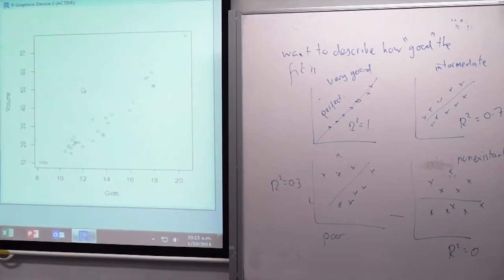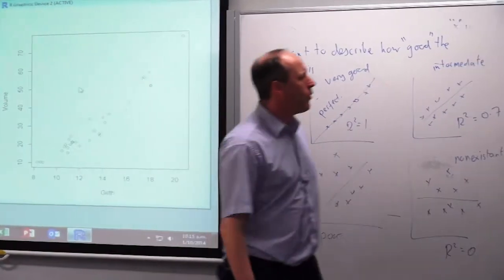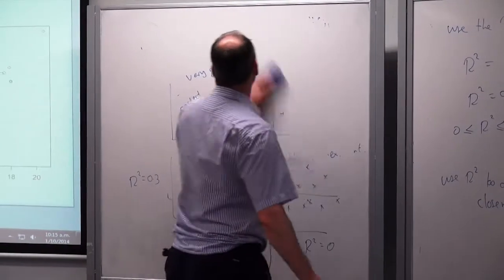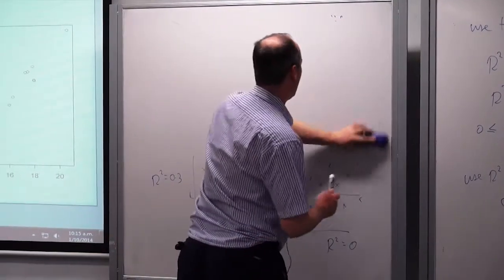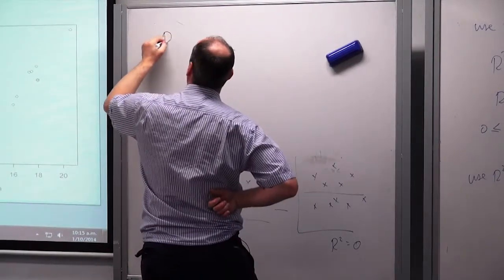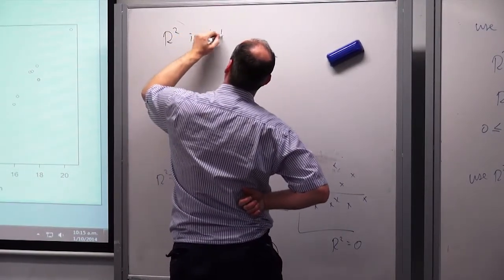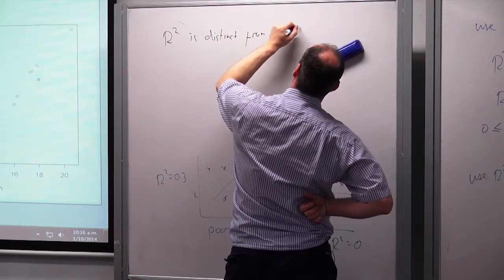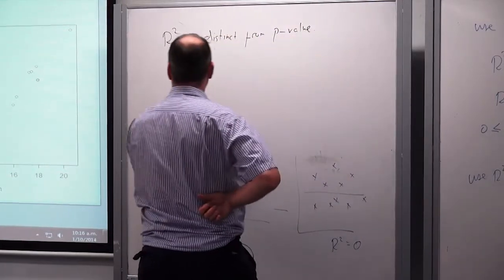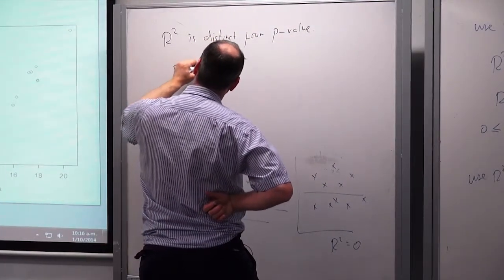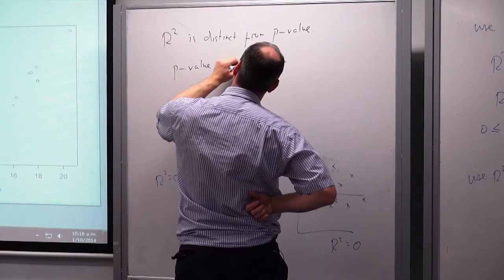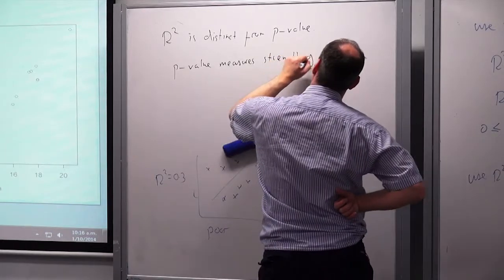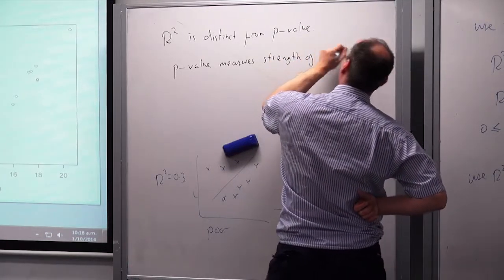It's somewhat confusing, but I'm going to cover it anyway, to compare R squared with the p-value. R squared is distinct from the p-value. The p-value measures strength of evidence against a null.